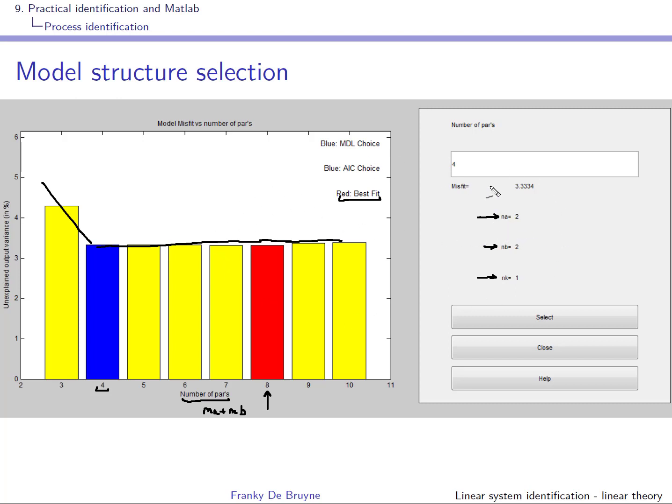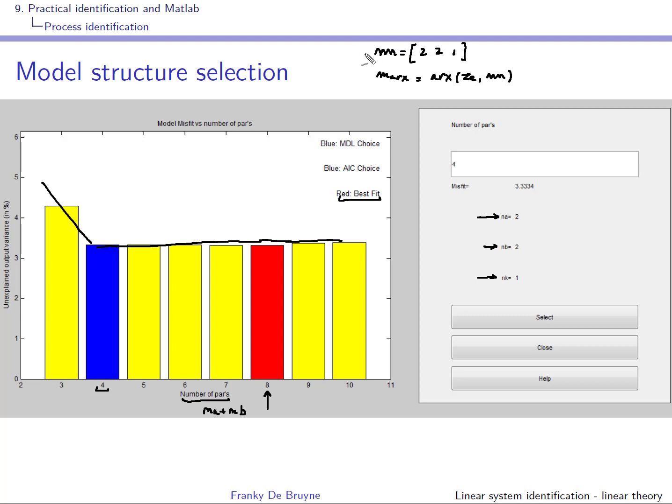Once you have selected your structure, when you run your code, you do not want to see this popping up all the time. So what you do is put the underlying code in comment, and then produce NN equal to [2 2 1], and you use the command ARX, for instance, ARX estimation with NN, right?